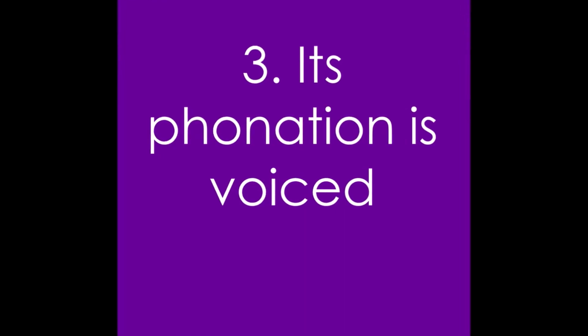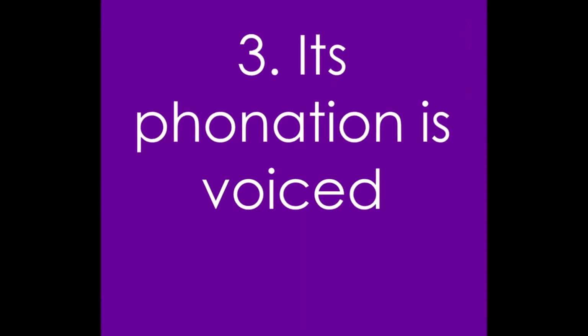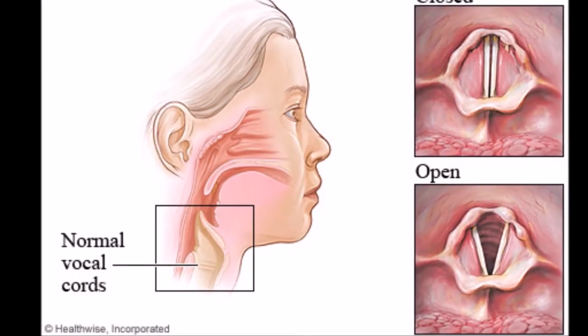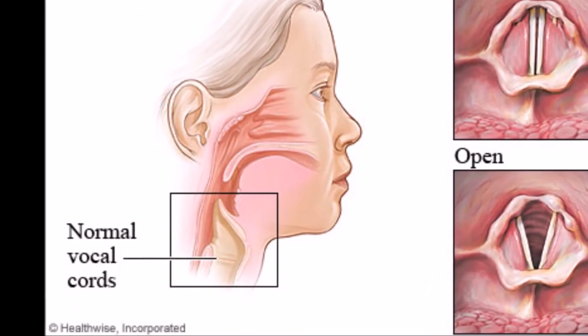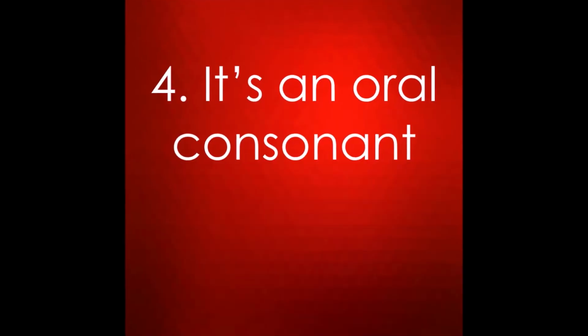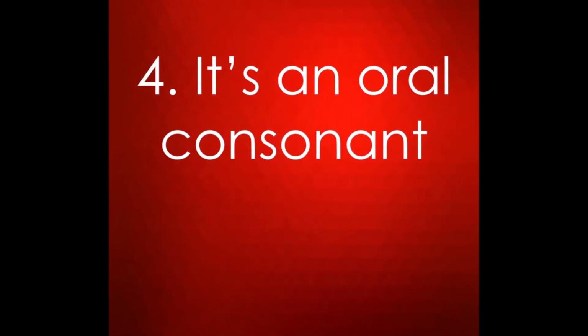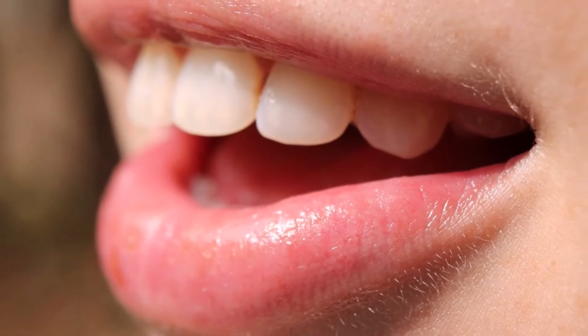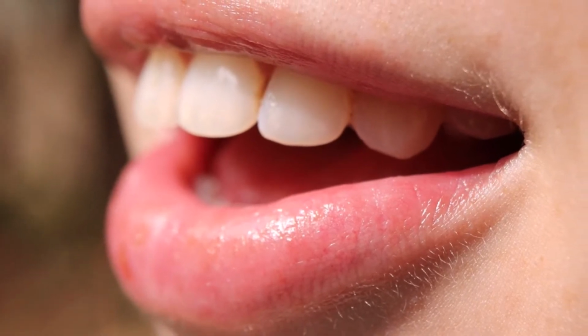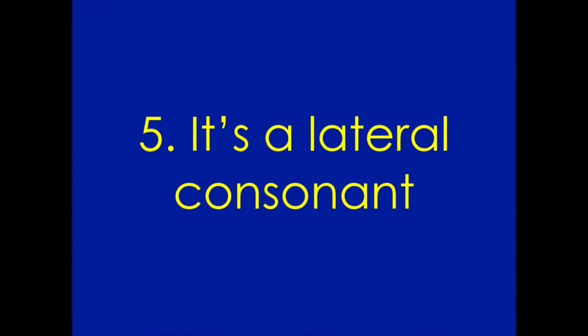3. Its phonation is voiced, which means we vibrate our vocal cords during the articulation. 4. It's an oral consonant, and that means we allow air to escape through the mouth only. 5.